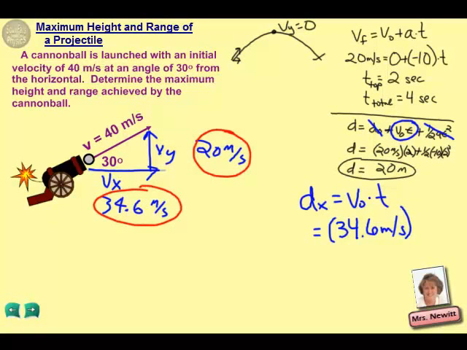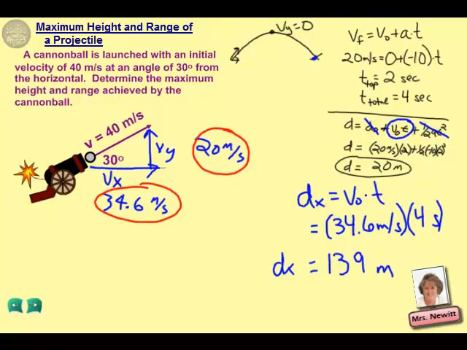And for the time, we're now talking about where it lands over here. So we do need to use the total of 4 seconds until it lands. And multiplying those out, we get a distance of 139 meters. This then would be the distance in the x direction, also the range of the projectile.